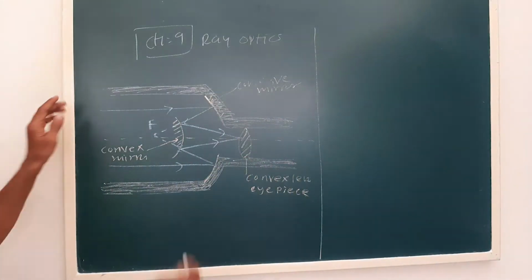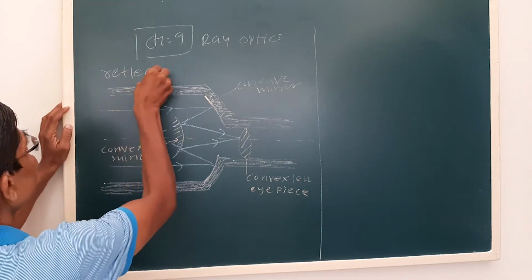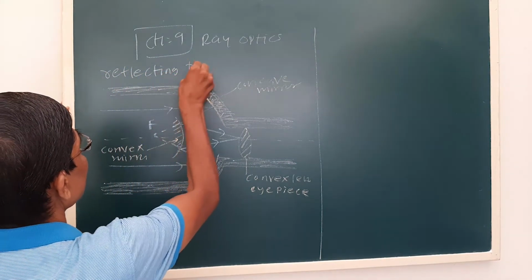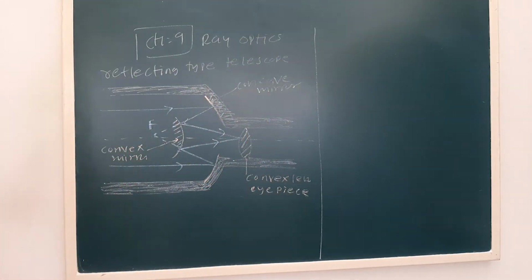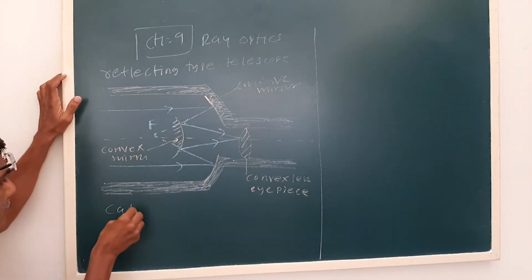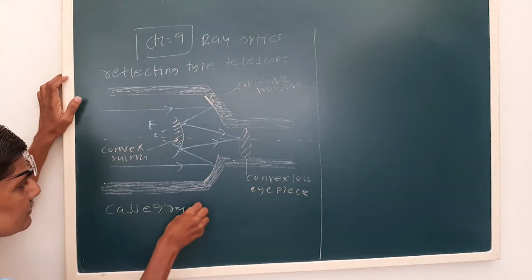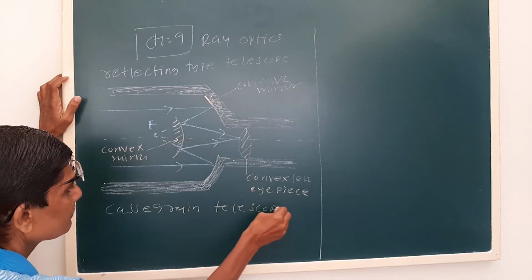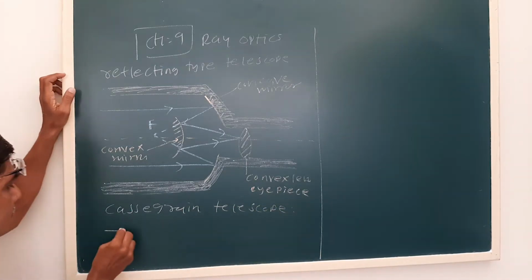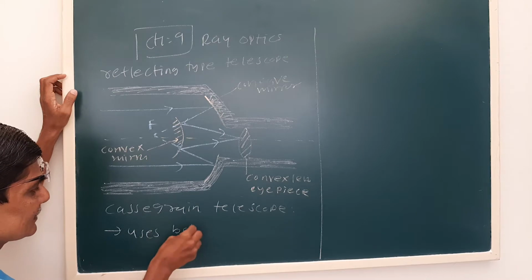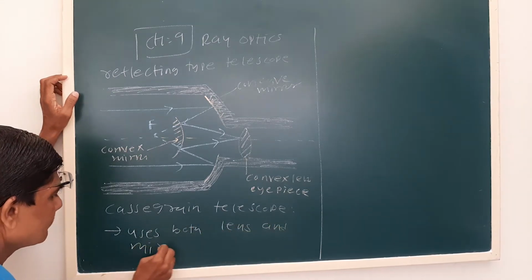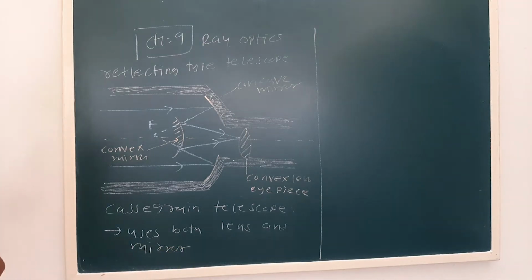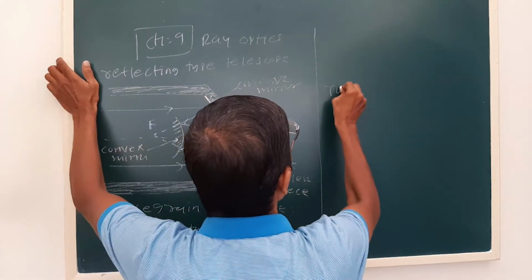Now today we have to talk about reflecting type telescope. In that we have to study about Cassegrain telescope, which uses both lens and mirror. Now see, here in a reflecting type of telescope, that is Cassegrain telescope, there are two mirrors.